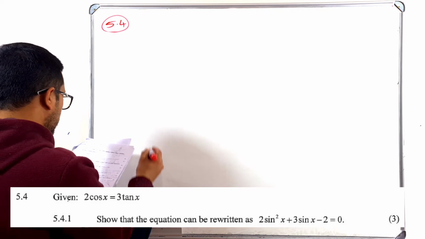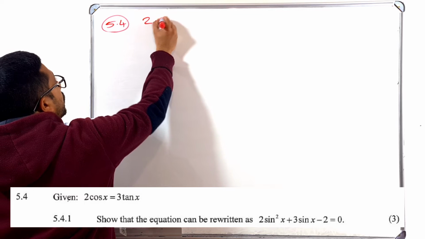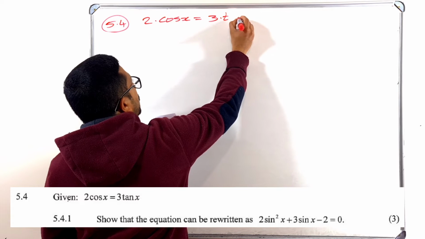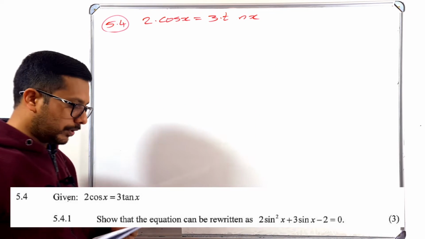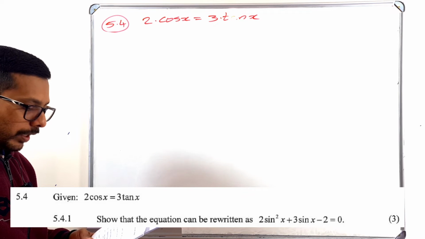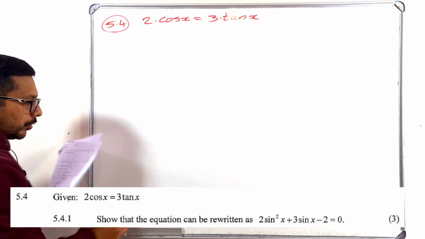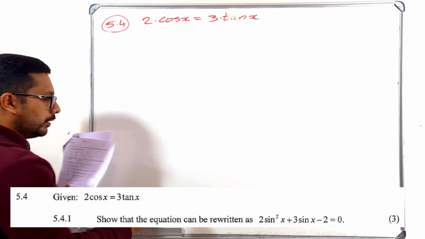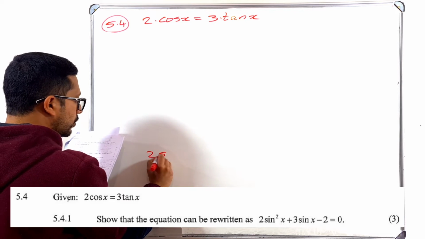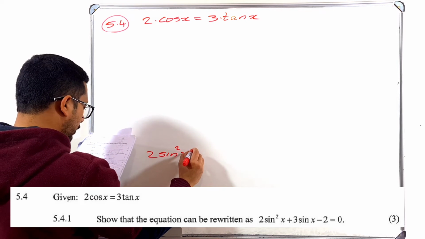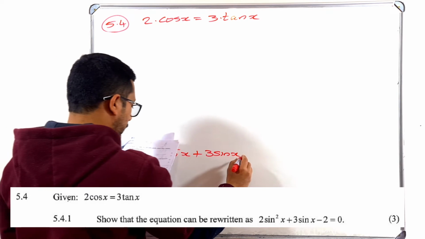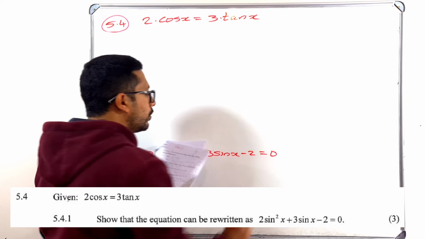Given 2 cos x is equal to 3 tan x, the first question is to show that the equation can be rewritten as 2 sine square x plus 3 sine x minus 2 is equal to 0.